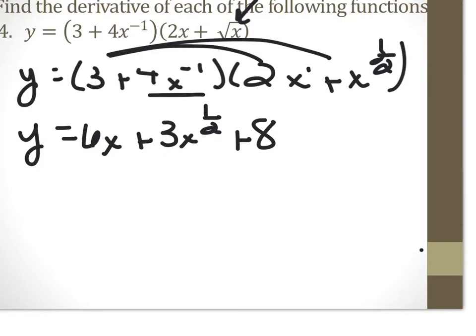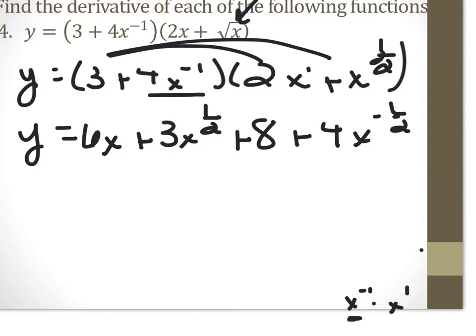And then multiply it by the second term. 4 x to the negative 1 times x to the 1/2 gives you 4x to the negative 1/2. Remember, we are adding exponents. The reason x to the negative 1 times x to the 1 gives you 0 is that x to the negative 1 really means 1 over x. Well, 1 over x times x is just 1.